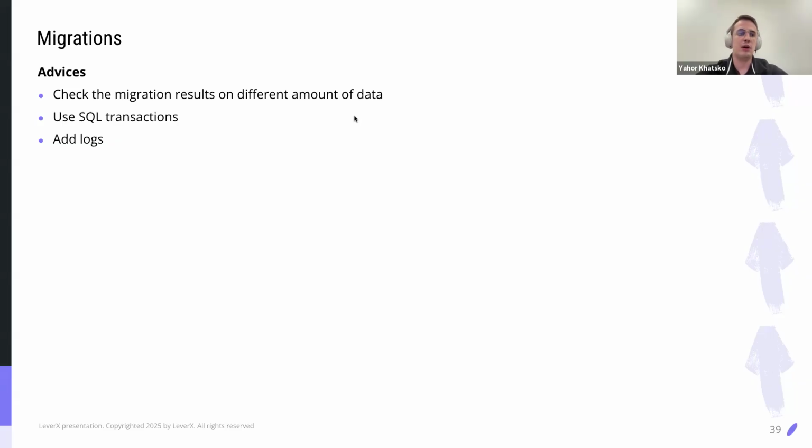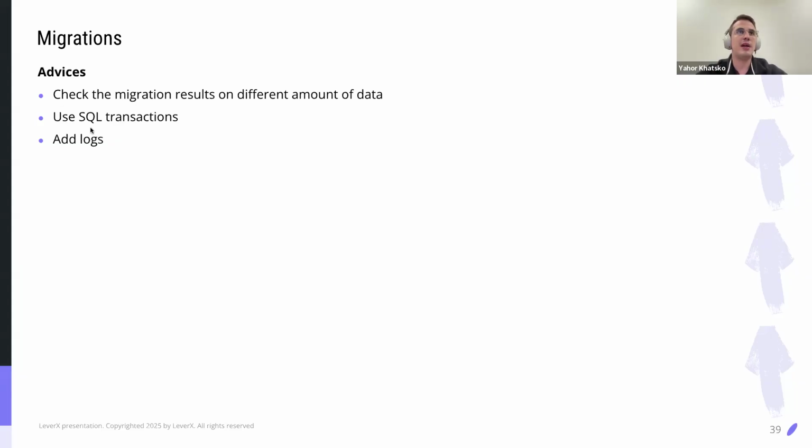When you would like to deploy the migration to production, you definitely need to check that on data similar to production. In our project, we create a copy of the prod database and work with that database to cover all the use cases and make sure that the migration works fine, not only for the local data, because it could be limited, but also for production-like data.